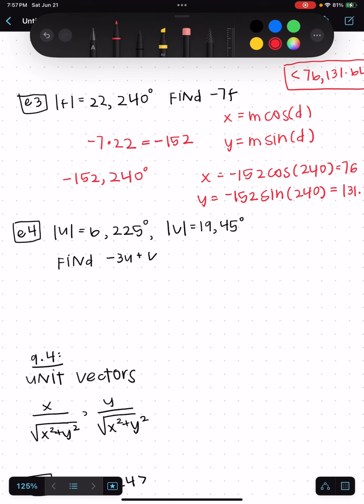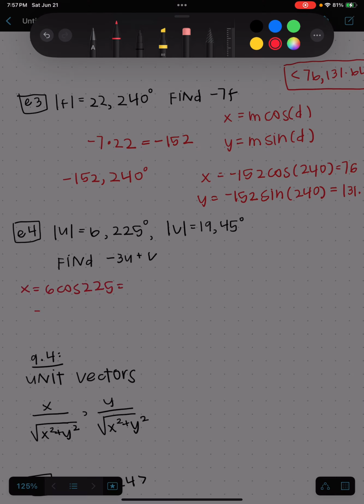So the first thing I'm going to do is convert both of these to component form using x equals m times cosine of d, y equals m times sine of d. And then once I do that, I can multiply by the -3 and add the vectors. So I'm going to start with vector u. For my x, it'd be 6 times cosine of 225.